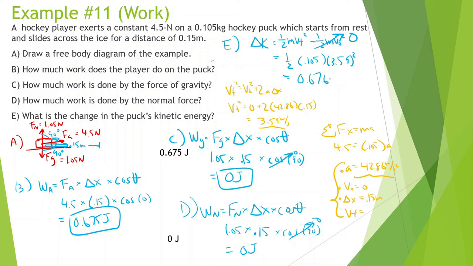What we should notice is that the change in kinetic energy is also the same as the total work done. The total work, 0.676 joules, is equal to 0.675 plus 0 plus 0. It's a little bit different because of rounding, but pretty much the same thing.